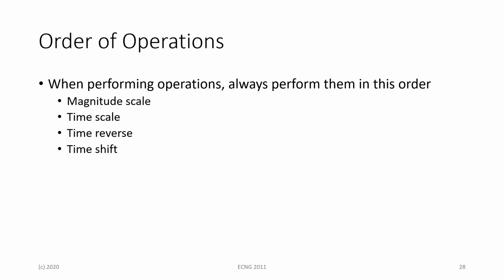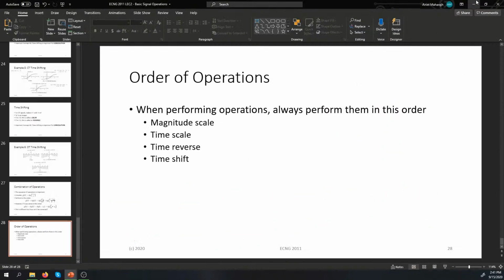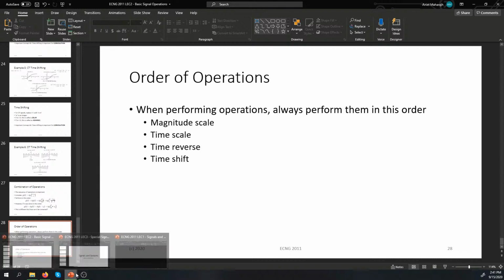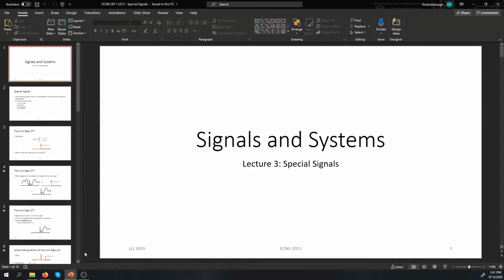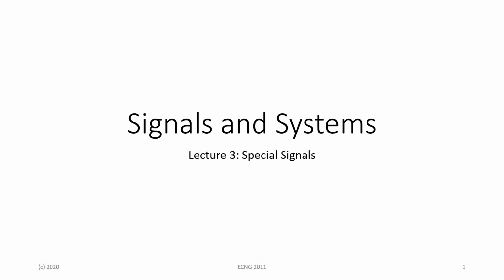Alright, so let's move on to our last lecture for today. Our last lecture for today is going to be special signals that we will be encountering throughout the entire course, and how these signals actually help us with manipulating and observing certain effects when we do signal manipulation.